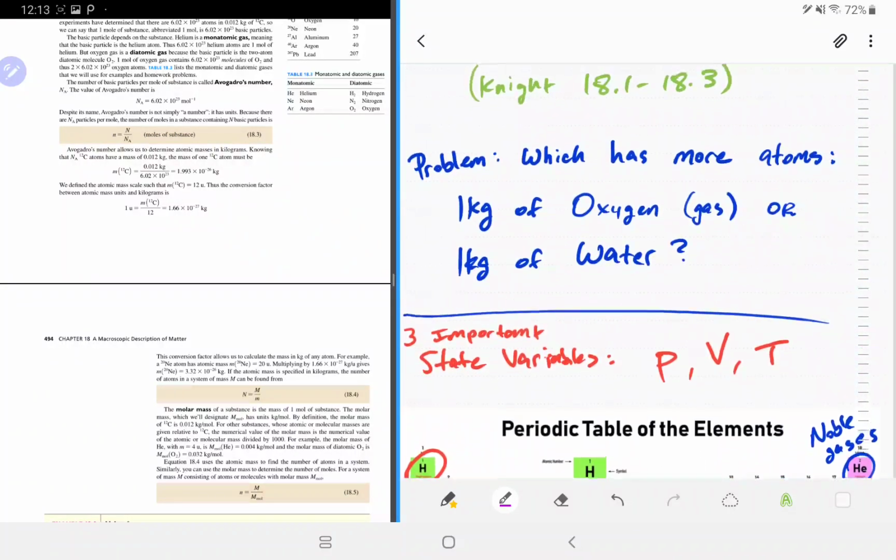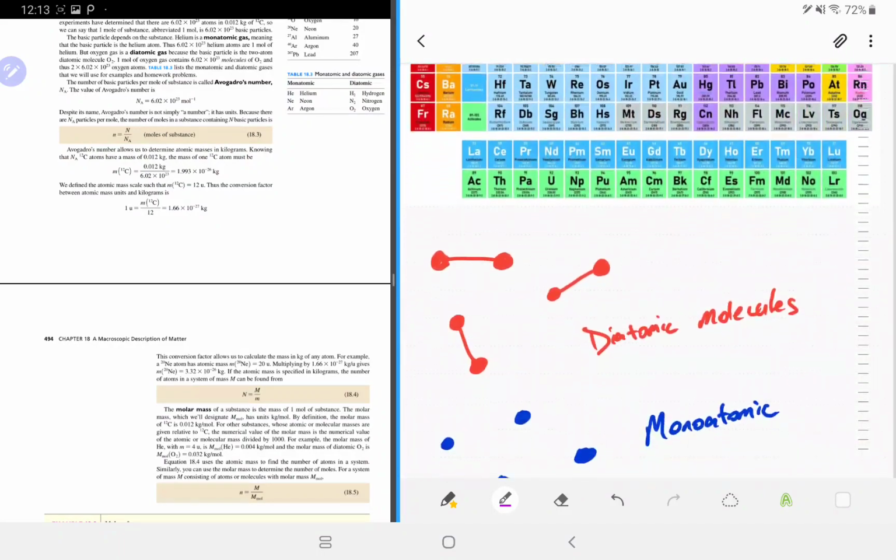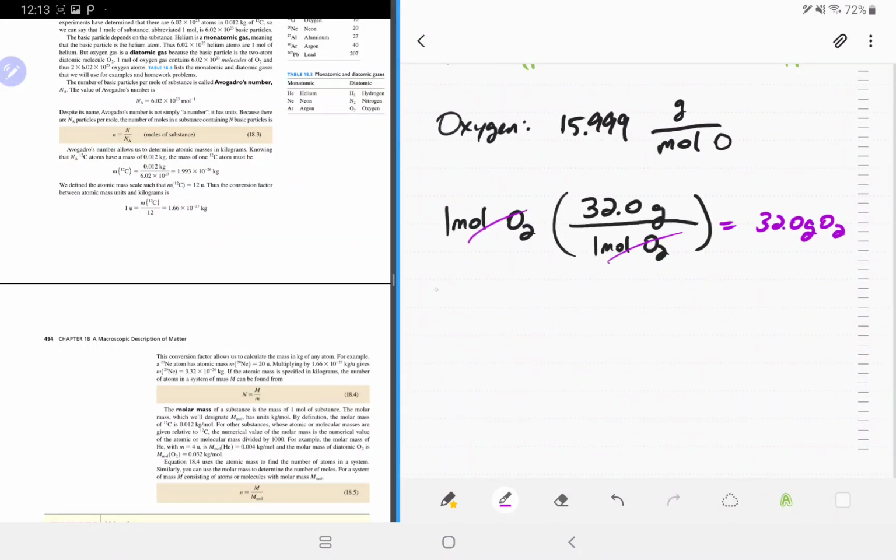All right, let's go back to this. 1 kilogram of oxygen gas. Let's go back and figure out what that is. 1 kilogram of oxygen. Now, if someone just says oxygen gas, we know that this is O2. 1 kilogram of O2 gas. Before we were going from moles to weight.